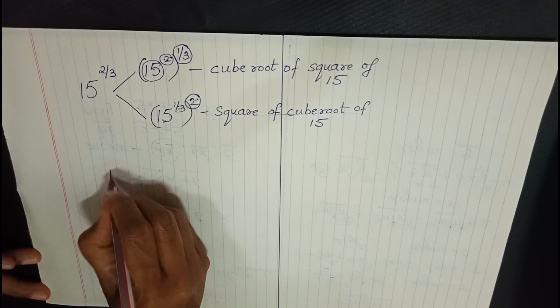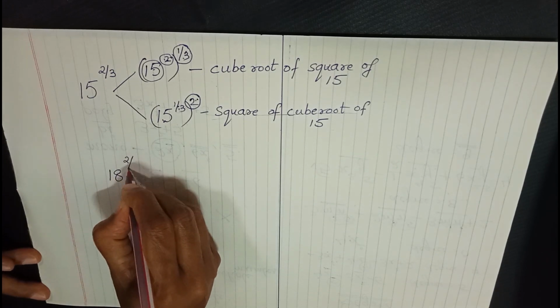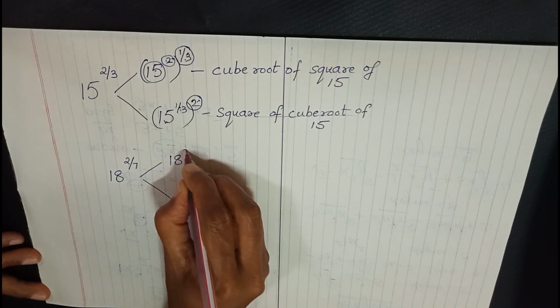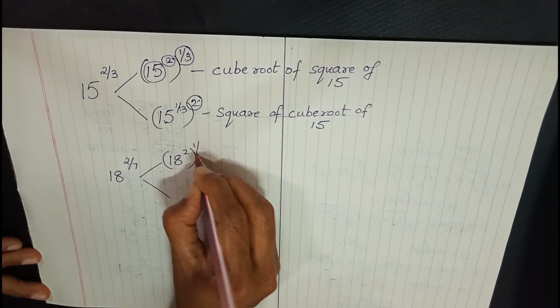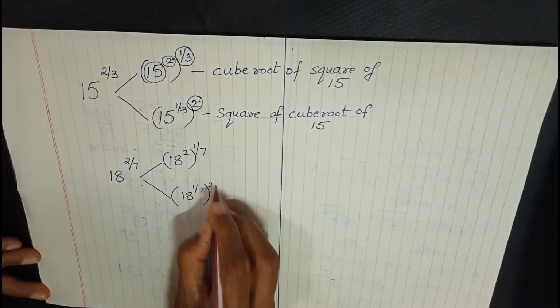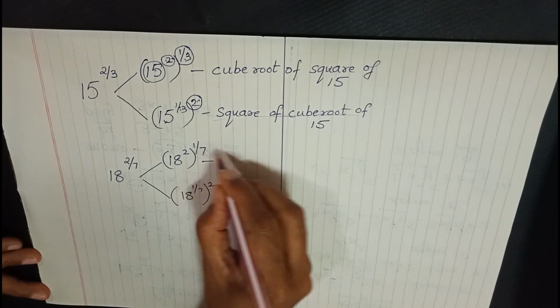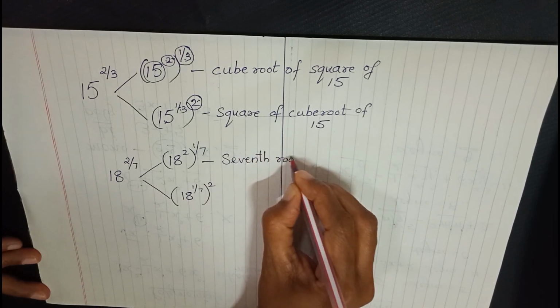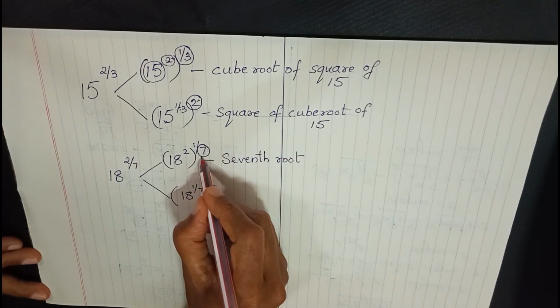So let's take another example. Let us say 18, 2 upon 7. How can we express it in two forms? 18, 2 inside, 1 upon 7 outside. 18, 1 upon 7 inside, 2 outside. So this will be written as seventh root of square of 18. Right? This is in the denominator, so it is the root.